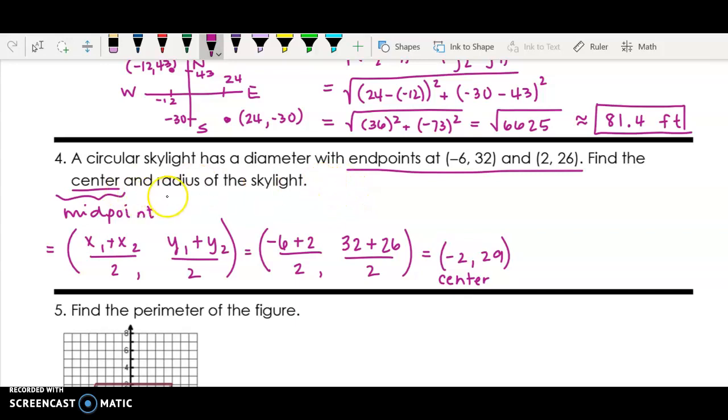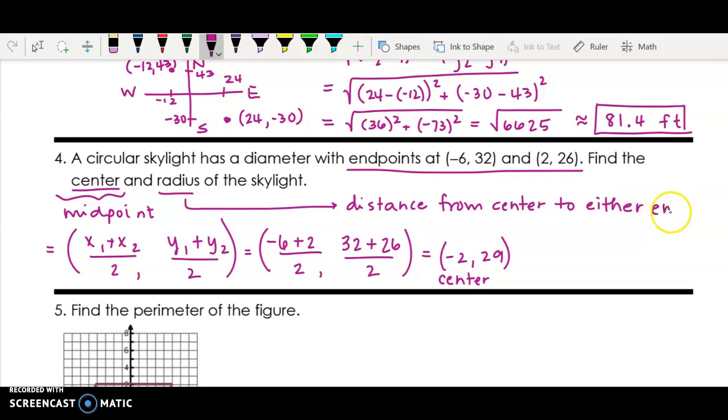To find the radius, that's going to be the distance between the center and the endpoint. And we can use either endpoint. Those are the endpoints for our diameter, so one half of that is the radius.